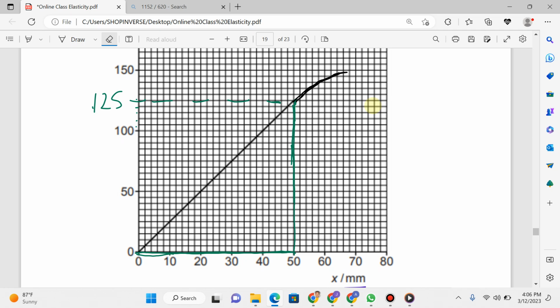Also, if it was a spring, it means the spring is not very thick. It's a thin spring. That's why it has a smaller value of K. And that means it does not have high stiffness. The stiffness to extension is very low because it has a smaller value of K. So every additional force produces very large extension.